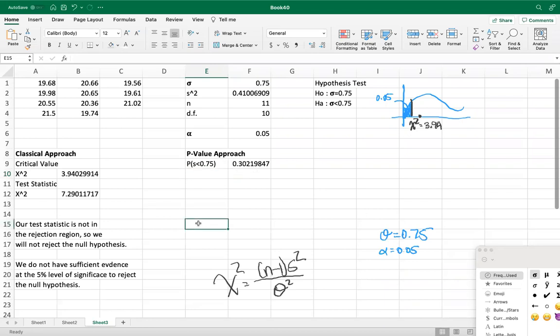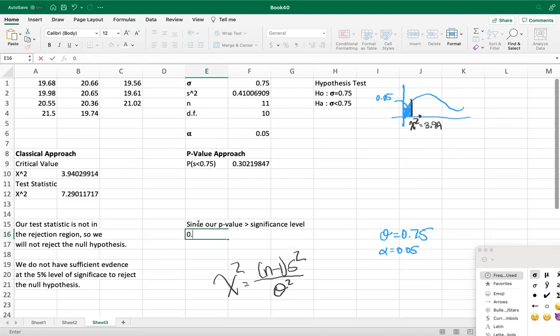So since our p-value is greater than our significance level, we do not have sufficient evidence, or we could actually put the values here.